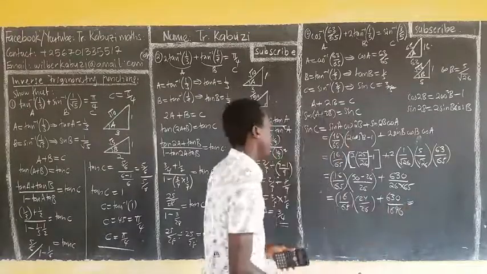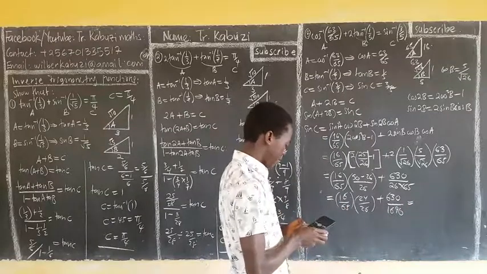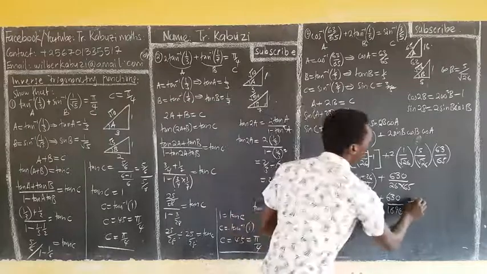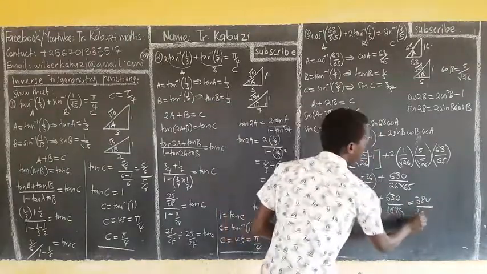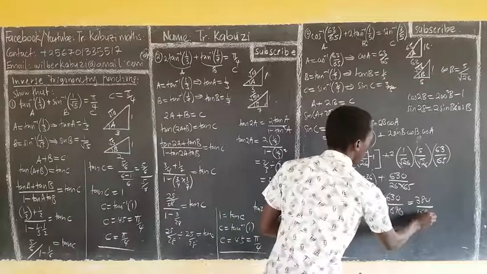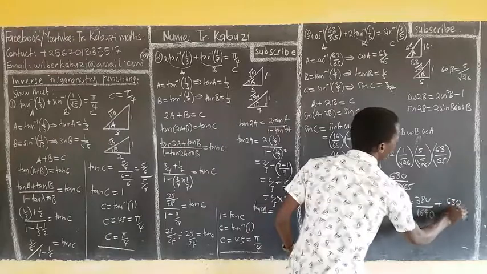Let us simplify this, 16 times 24, here we get 384 over 1690, then plus this, which is 630 over 1690.